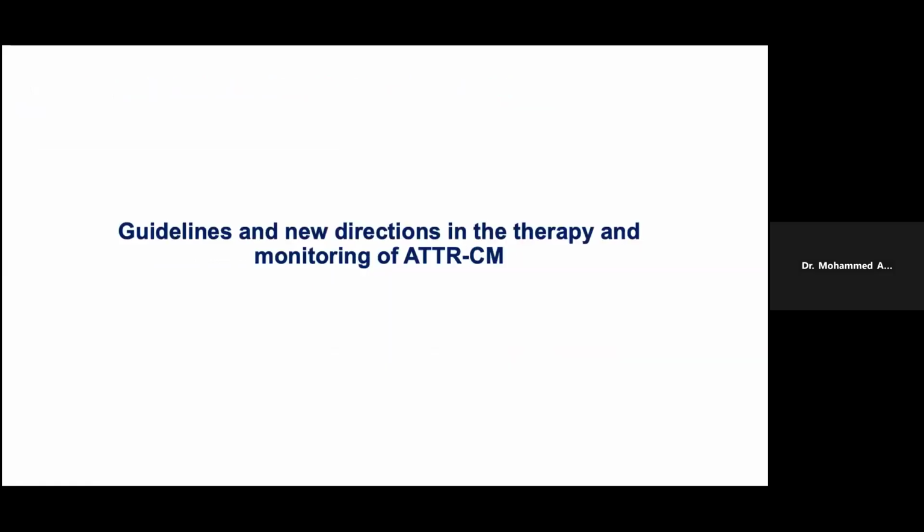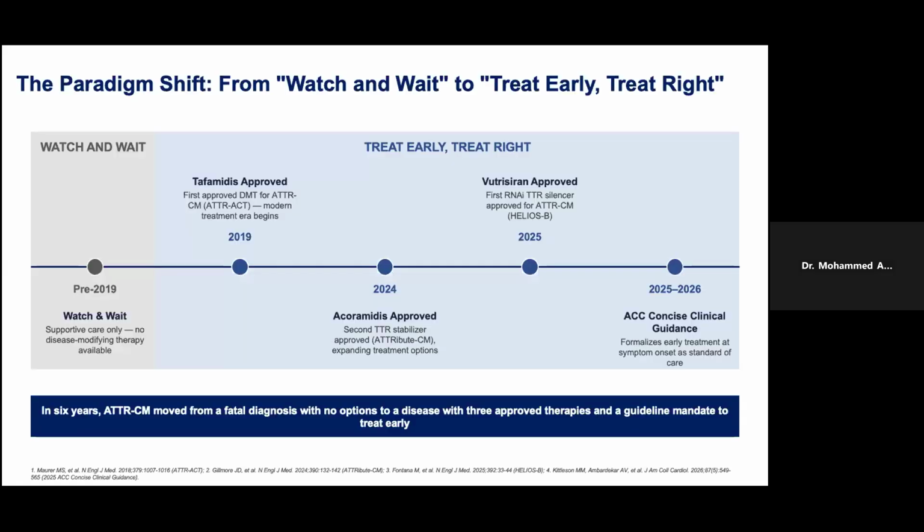Now let's look at guidelines and new directions in therapy and the paradigm shift. Before 2019, management was largely based on supportive care with no disease-modifying therapy available, hence the traditional watch and wait approach. The first major breakthrough came in 2019 with the approval of tafamidis. It was the first therapy showing improved survival and reduced heart failure or cardiovascular hospitalization.